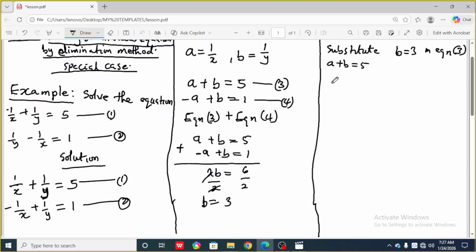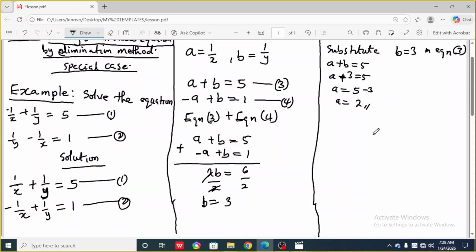So b is 3. It's now going to be a plus 3 equal to 5. So a is equal to 5, and if the 3 crosses to the other side, it becomes minus 3. So we now have a equal to 5 minus 3. That is 2. Now we have gotten a to be 2, b to be 3.